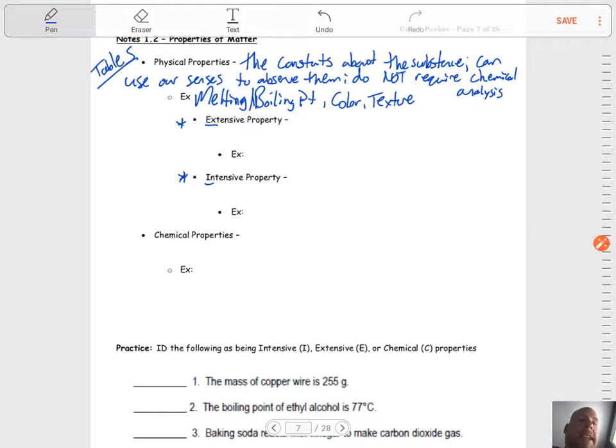I like to start with intensive, even though I have them listed alphabetically here. The way I think about intensive properties is that it's inside the substance. No matter how much you have, it stays the same because it's within. So intensive does not depend on the amount of material you're dealing with.